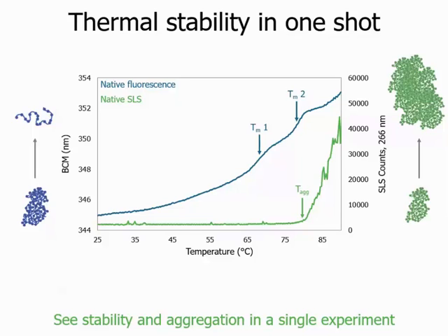The SLS data in green shows the aggregation behavior of your protein and reports the temperature when aggregation begins as a T-ag. The software's algorithms follow our zero-click analysis approach and it assigns these TMs and T-ags automatically. Together, the 2 protein tools of intrinsic fluorescence and SLS give you an understanding of how unfolding and aggregation is occurring in response to thermal stress. And not only do you know when your protein might unfold, but the TM and T-ag values can also be used as metrics for the characterization of a protein.